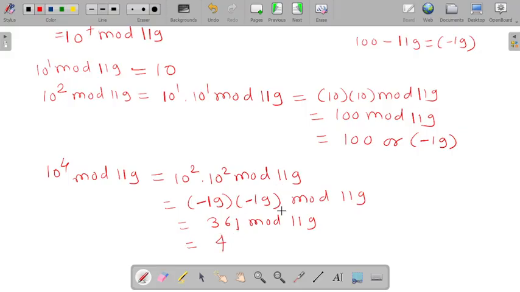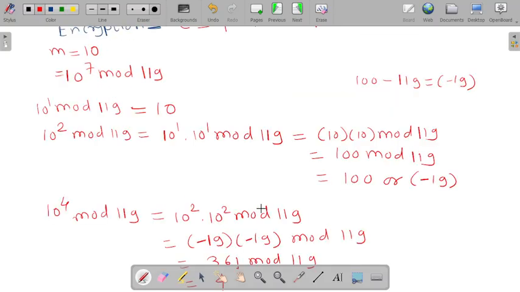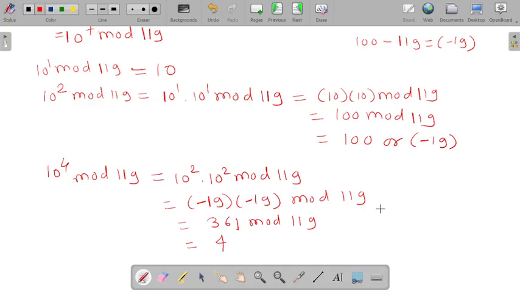After that, what are we calculating? We have to calculate the value of 10 raised to 7 mod of 119. How are we calculating it? 10 raised to 7 mod of 119 is equal to 10 raised to 4 into 10 raised to 2 into 10 raised to 1 mod of 119.